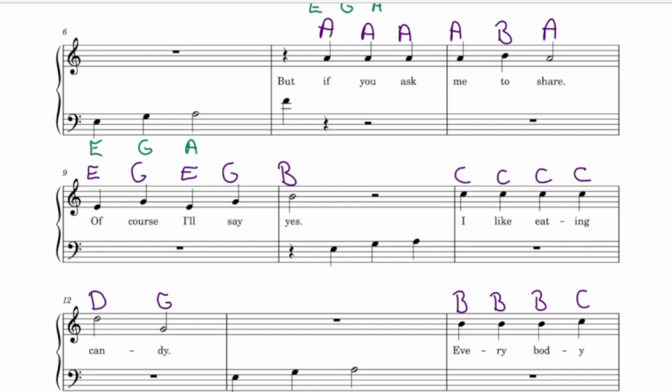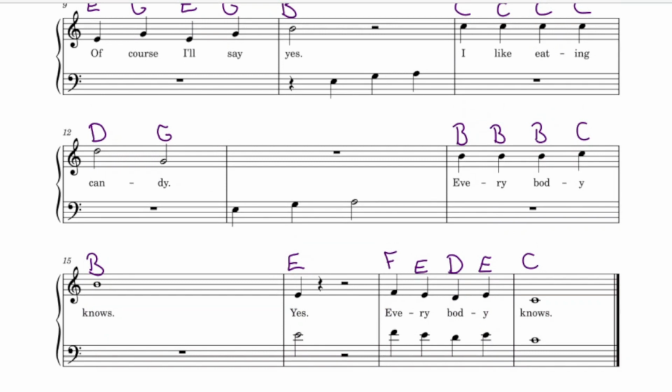Now we come to a ledger line in the left hand. We know that our middle C is this first ledger line. Then we have a space, D, the next line up, continuing in the alphabet, E, and the next space we're looking for, F. This is an F, and it is the exact same note if we were to put a right-hand F right here.